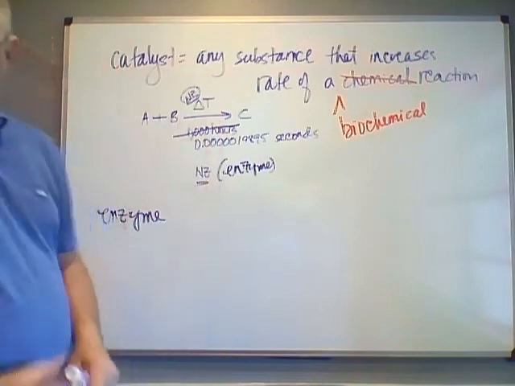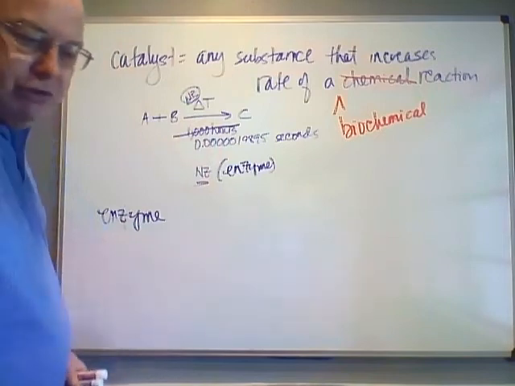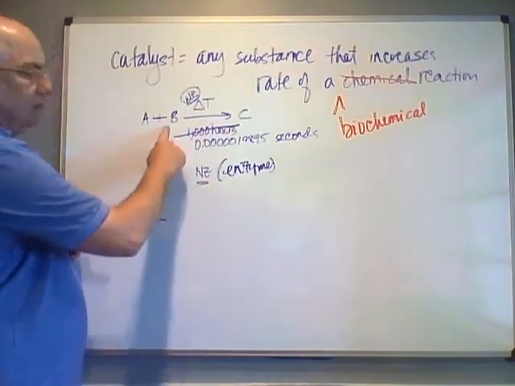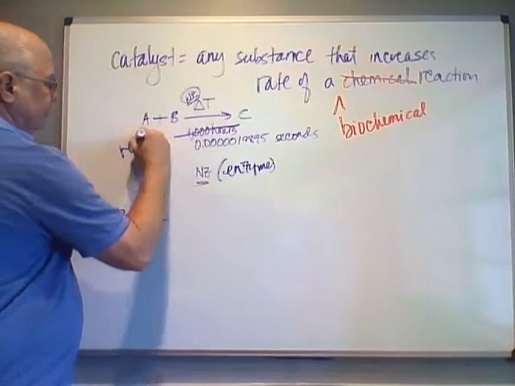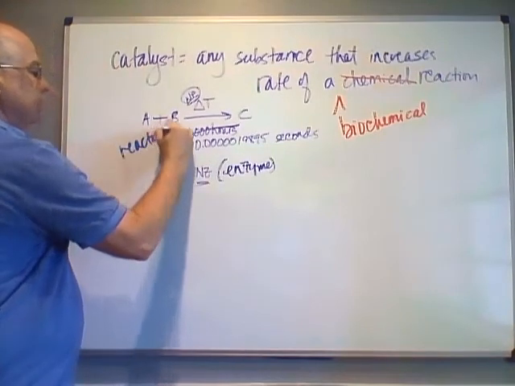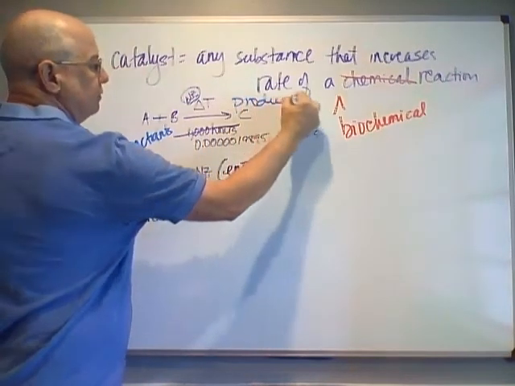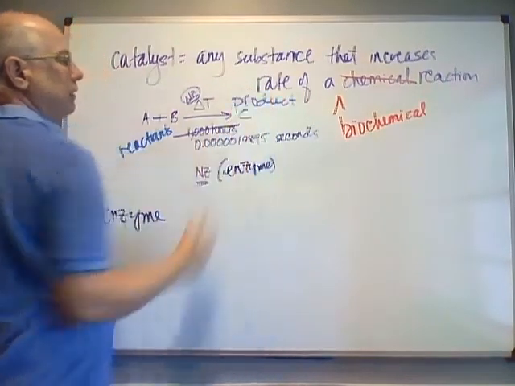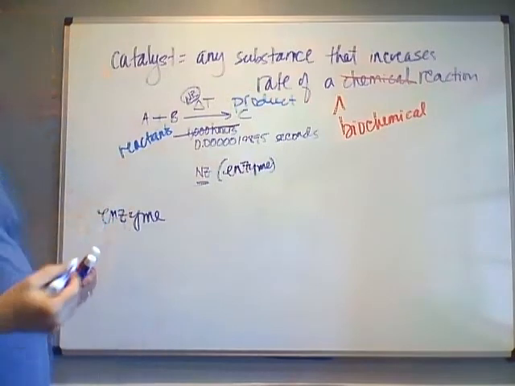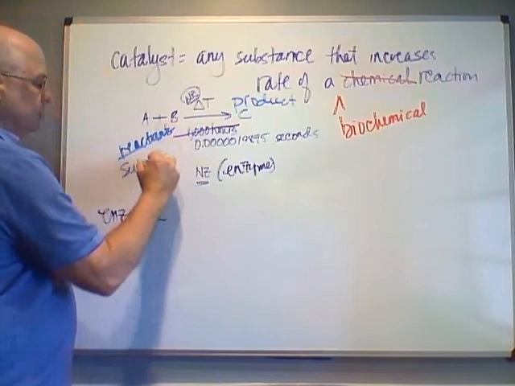Got it? All right. So now, in chemistry, if we were to look at this, we would call these molecules over here the reactants because they're going to react, and this would be called a product. Okay? But in a biochemical reaction, we don't use the term reactants, we use the term substrate.